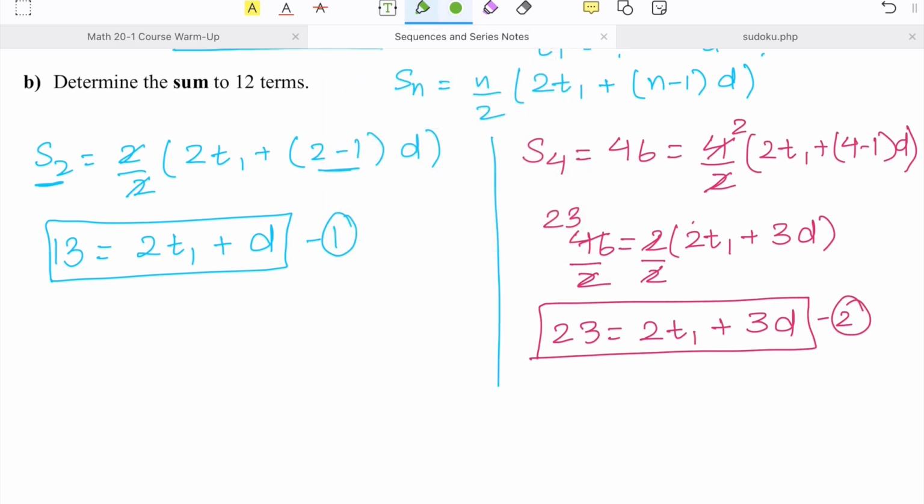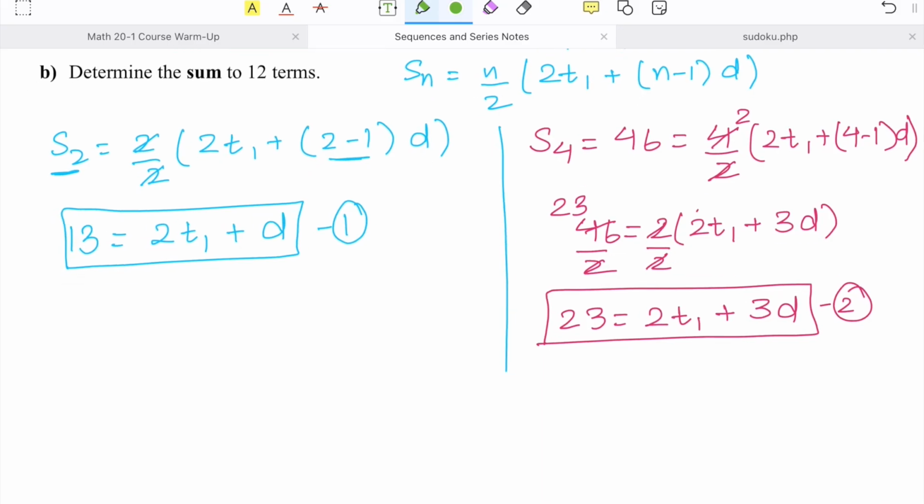Okay. So now I can either use substitution or elimination to find my values of T1 and D. So is there a preference? Substitution or elimination? Okay, let's do that.